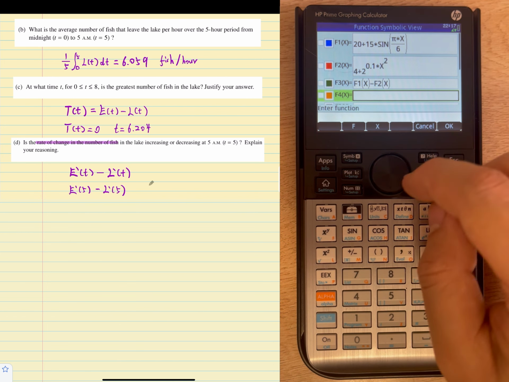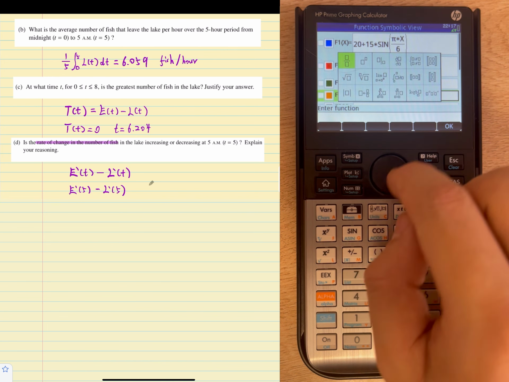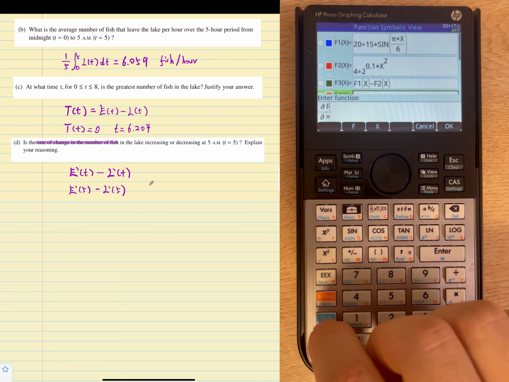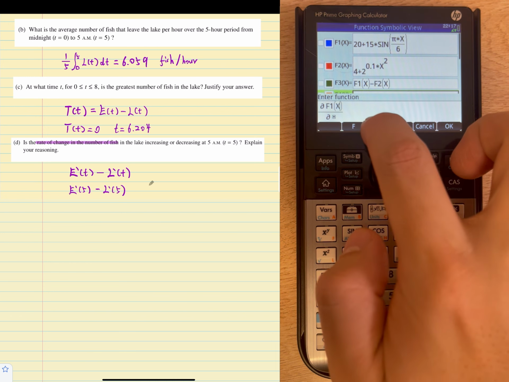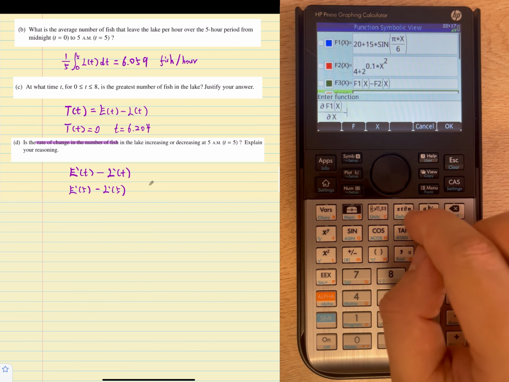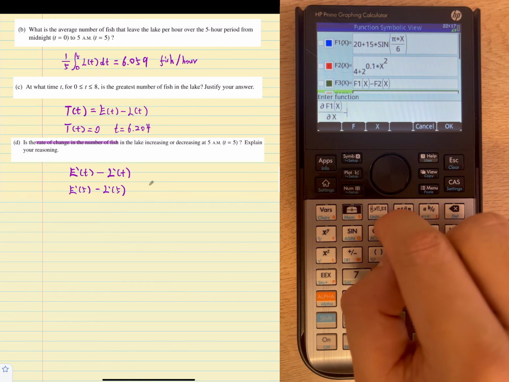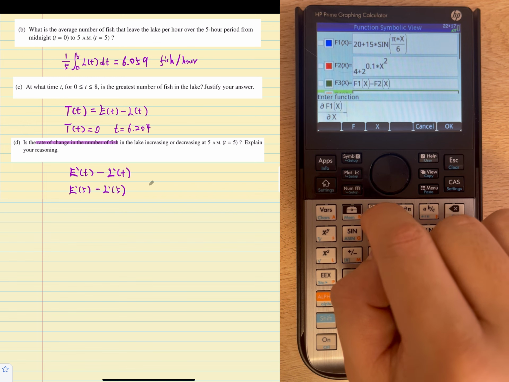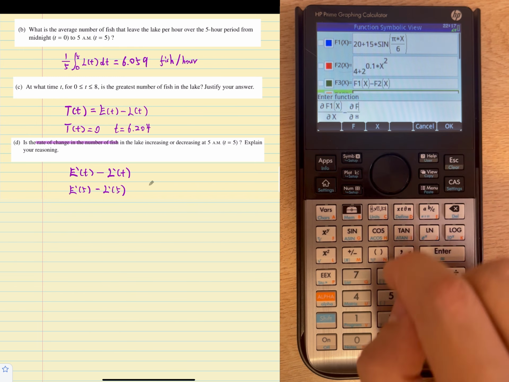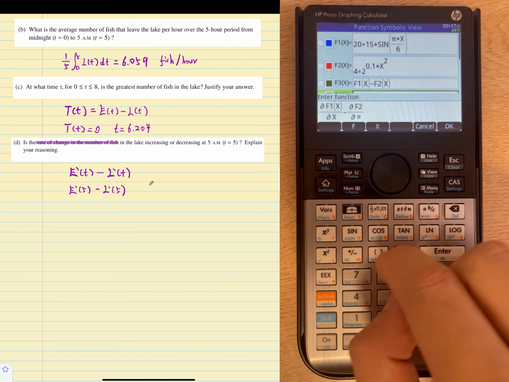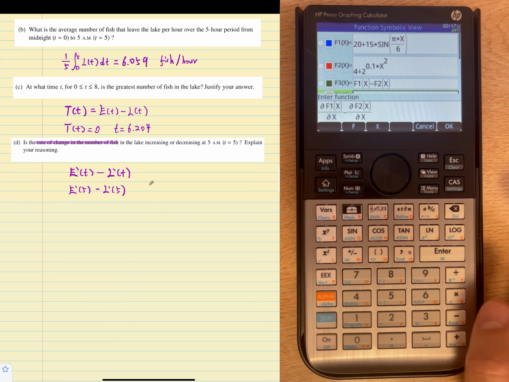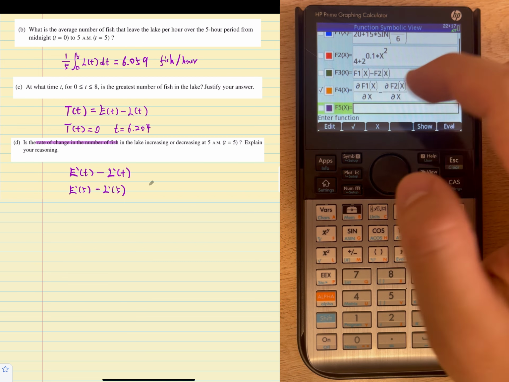So we can just write here the derivative of f1(x) dx minus the derivative of f2(x) dx.